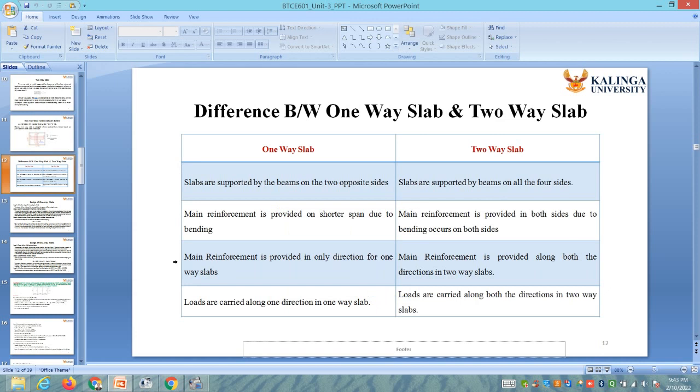Now let us see what is the difference between one-way and two-way slab. Important question for interviews.